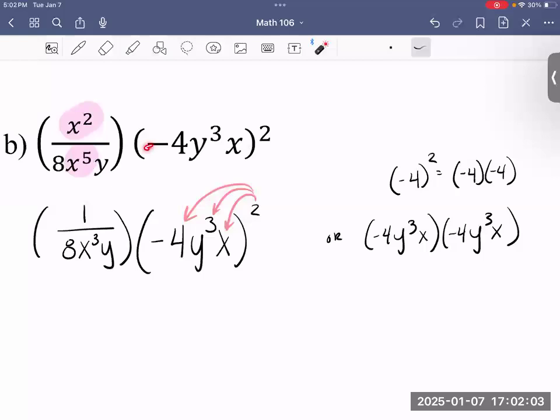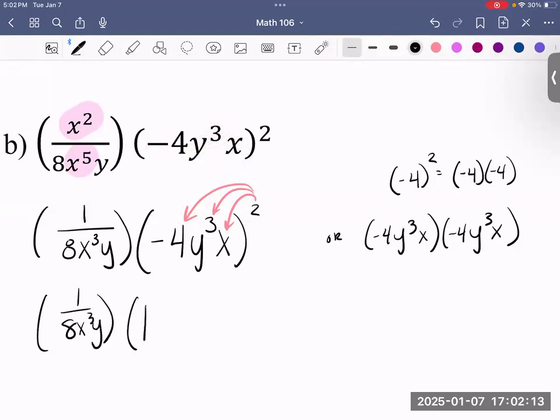It just looks a lot larger and more complicated this time around, but we'll end up getting rid of that negative. So we should get 16 y to the 6th x squared. Or if you did it this way, again, 16 y to the 6, because that's 3 plus 3, and x to the 1 plus 1, which is 2.